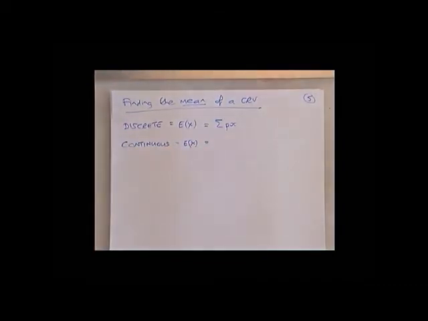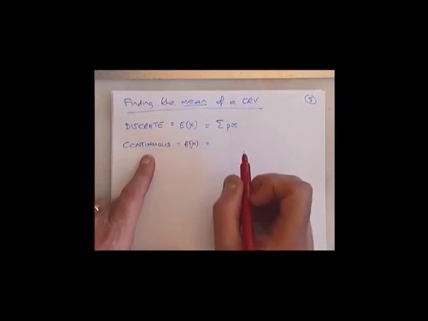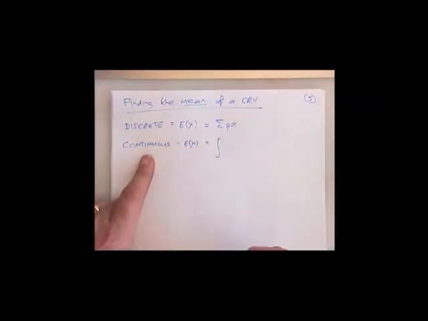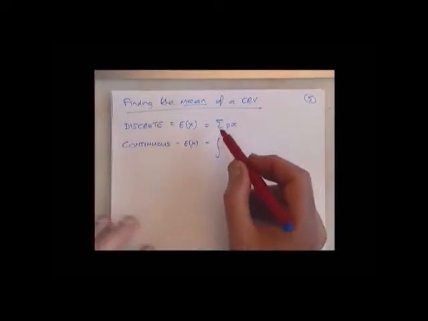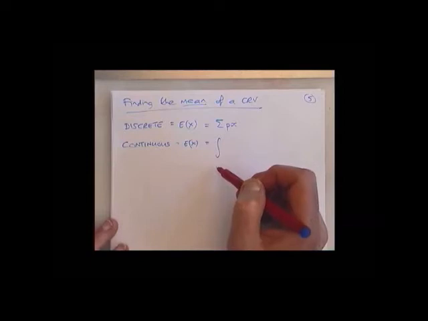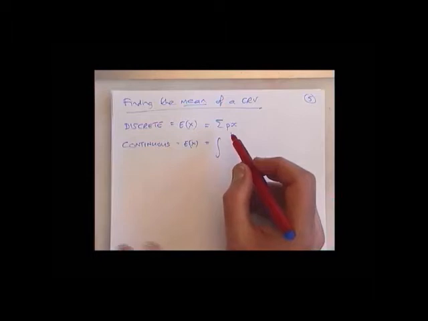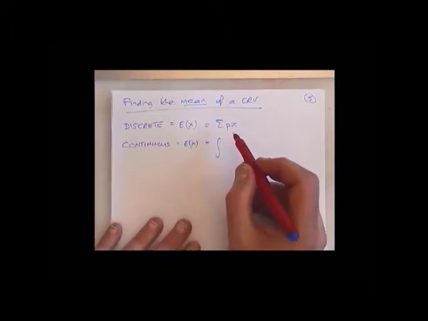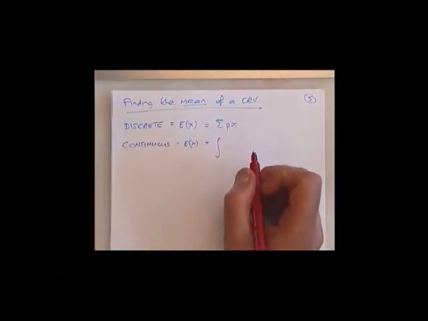What is sigma going to be if we are now talking in continuous data? Sigma was adding up discrete things. What will that be if we're moving into continuous land? Integration. Integration is just adding up lots of infinitesimally small things, so the summation sign becomes an integral sign. What is our probability denoted by in continuous random variables? It's not denoted by p. We've denoted it by f of x.